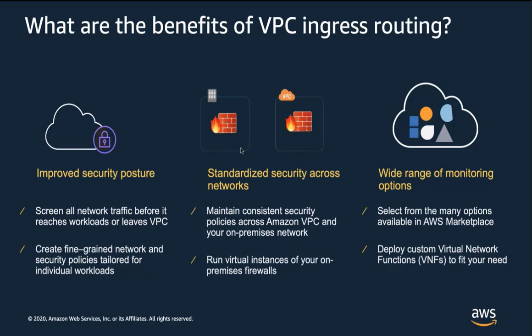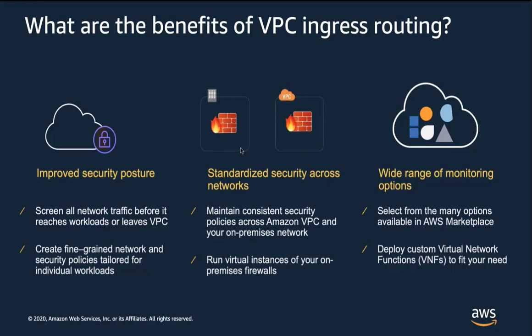Second, standardized security across networks. Our customers who run their workloads across Amazon VPC as well as in their on-premises network always wanted to have consistent security policies across both these environments.